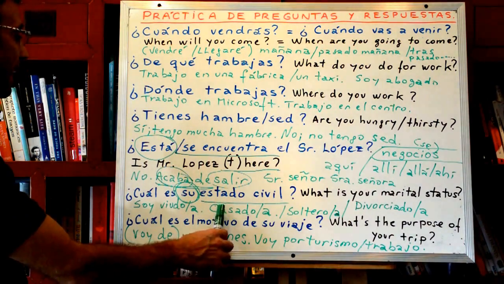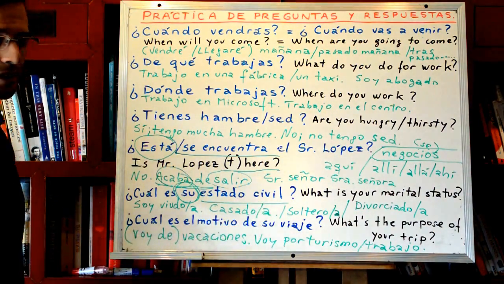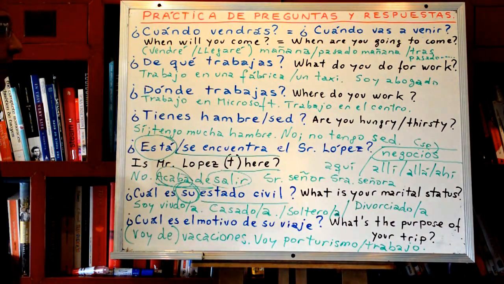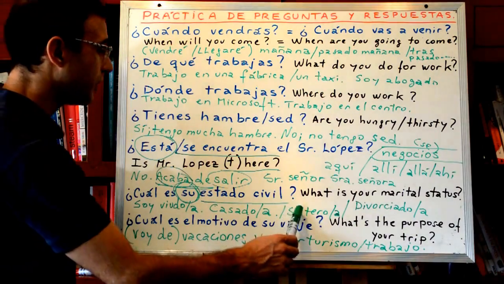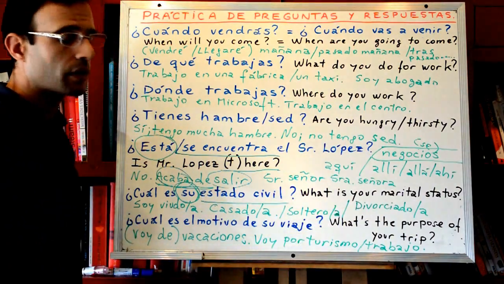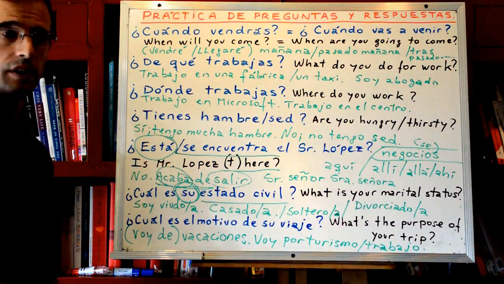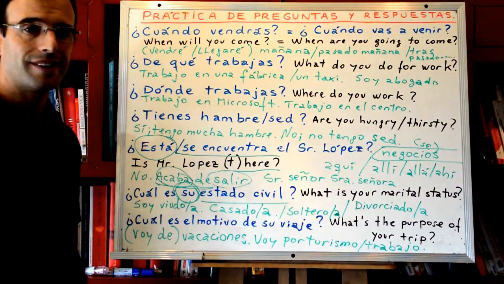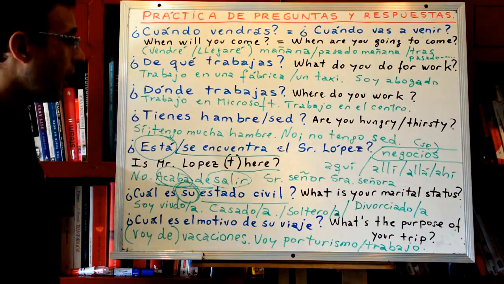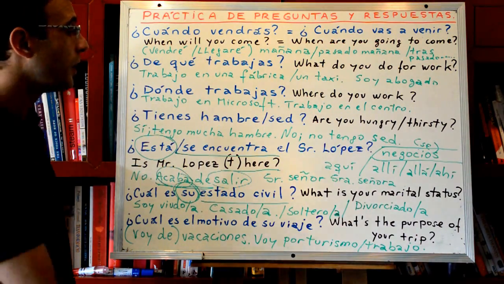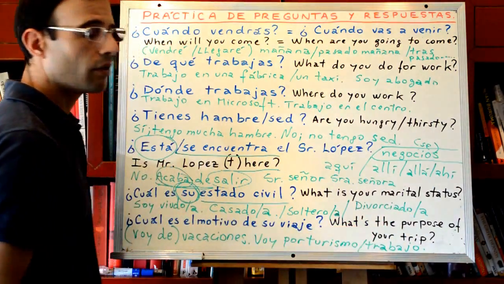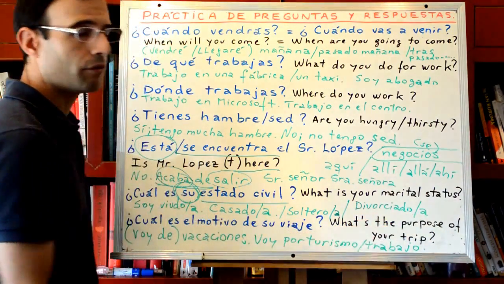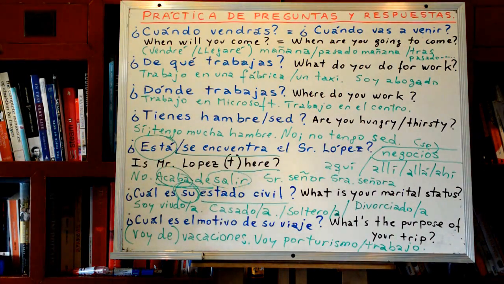Casado or casada, for married. Soltero or soltera, whether it is a man or a woman, means single, unmarried. Or the other option is divorciado, for a man, divorced, or divorciada, for a woman, divorced.